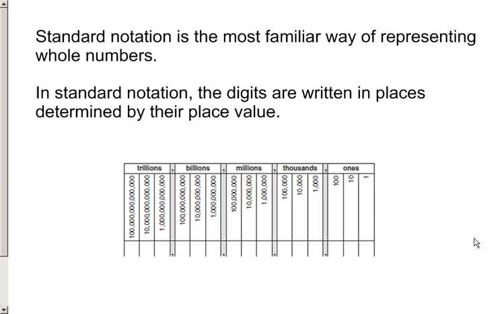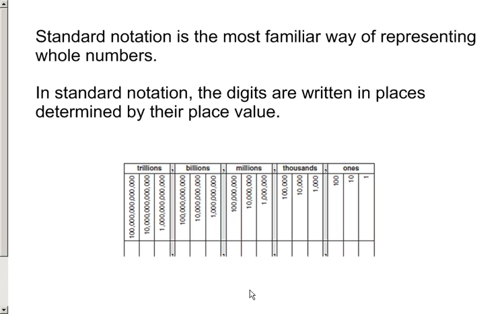One pattern is that each place on the chart is 10 times greater than the place to the right. So 10 is 10 times greater than 1, and 100 is 10 times greater than 10, and 1,000 is 10 times greater than 100, and that continues along the chart.